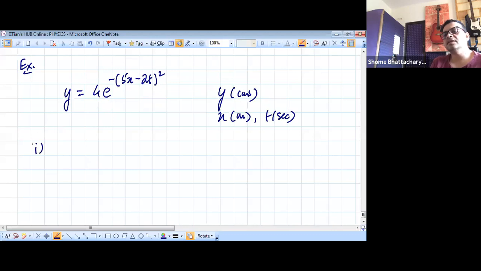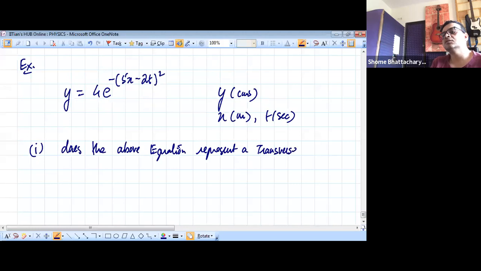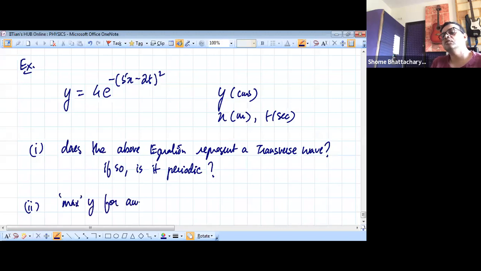So the first thing is that, does the above equation represent a transverse wave? If so, is it periodic or not? Then find the maximum y for any x at any time.